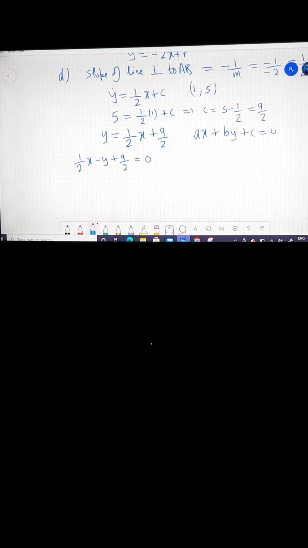So what should we do? We can take the LCM. So if we take the LCM, what will happen? We will have x minus 2y plus 9 divided by 2 equals 0. And this 2 when multiplied with 0 will give us 0. So the final answer is x minus 2y plus 9 equals 0.